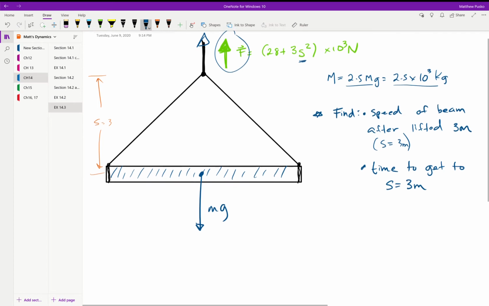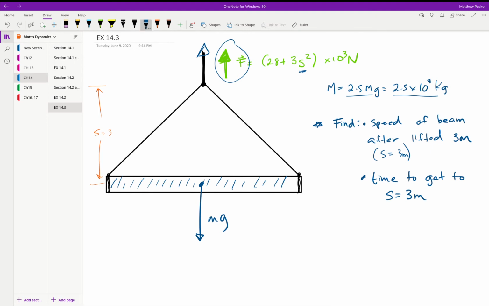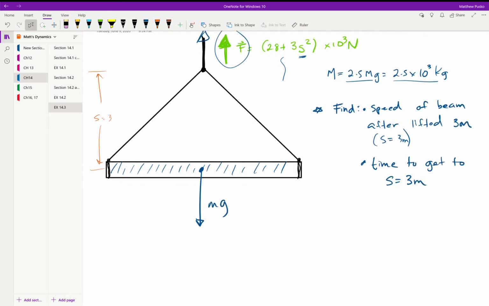So first things first, if the force is a function of S, is it even lifting enough at S equal to 0 to start moving?